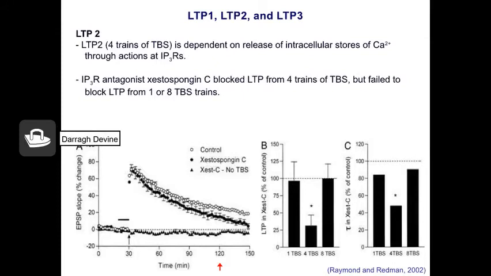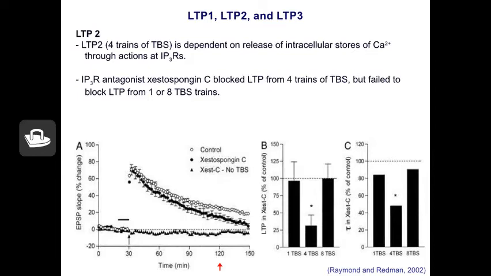When Raymond and Redman investigated LTP2 with 4 trains of theta burst stimulation, they challenged it with a drug called xestospongin. Now, xestospongin blocks the actions of inositol triphosphate, or IP3, at IP3 receptors on the endoplasmic reticulum. We saw IP3 receptors first in Aplysia, and we've also seen evidence that IP3 signaling contributes to synaptic potentiation in LTP preparations.